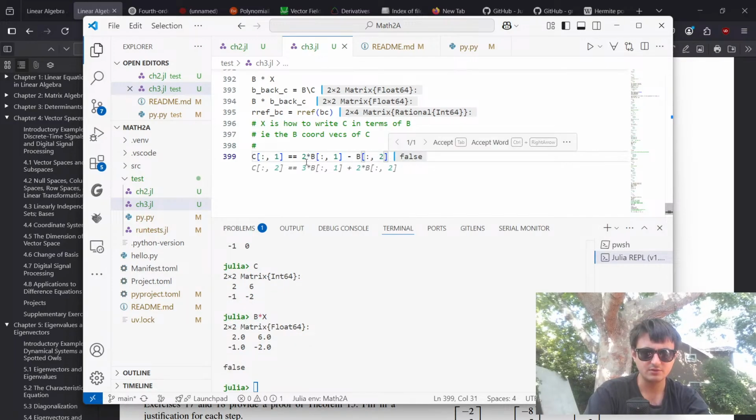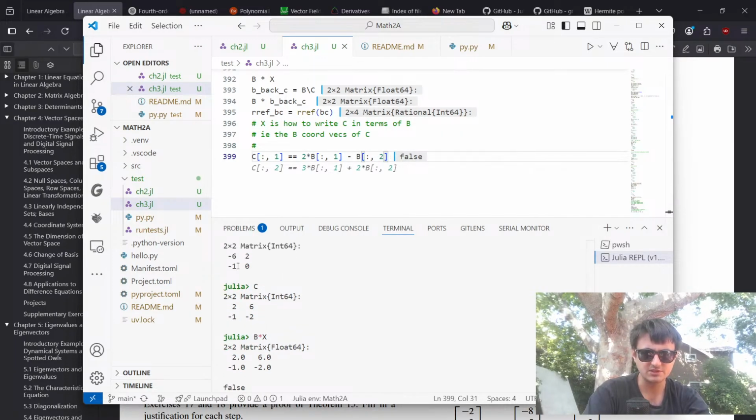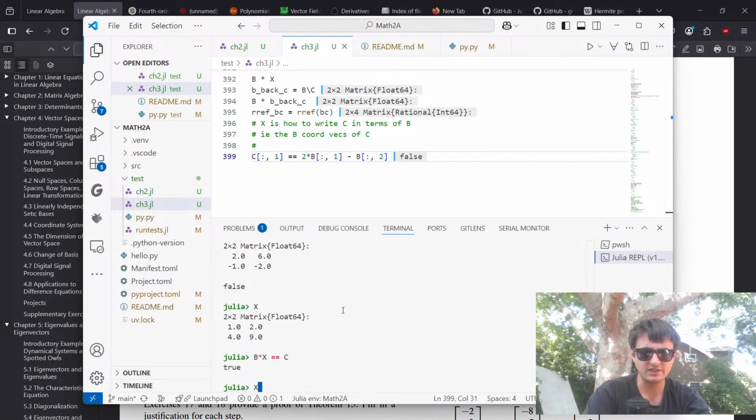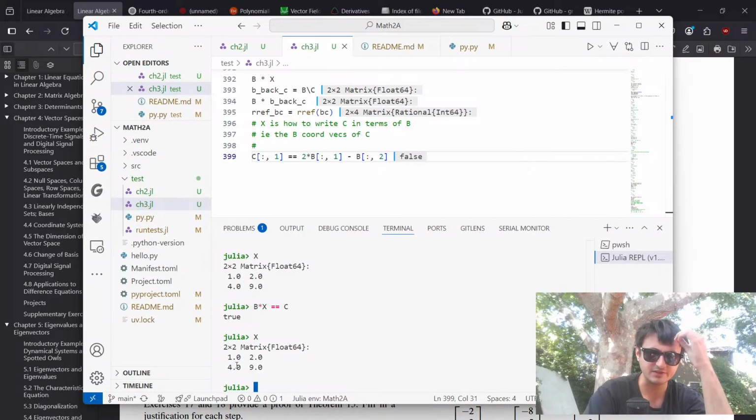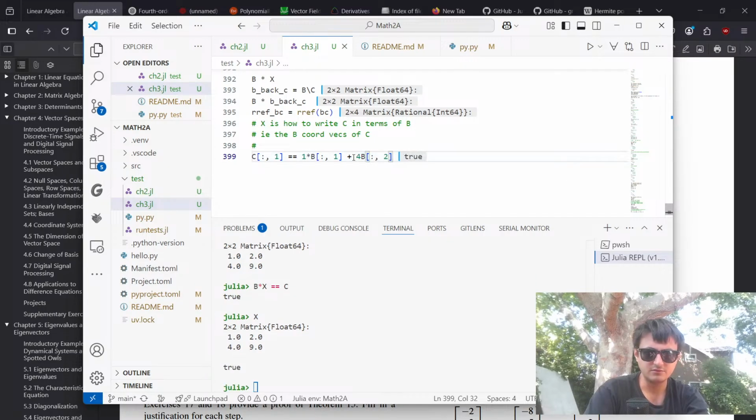Wait. Oh wait, did I do it wrong? Wait. What is x? Wait, B times x equals C. So this first column is a linear combination of the columns of B. So this should be 1, 4. I don't know where I got that. There we go.